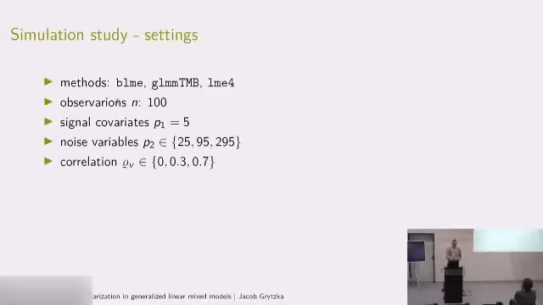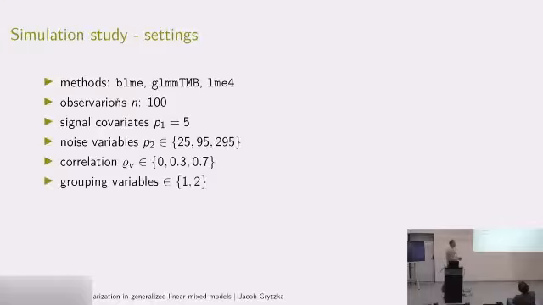Then we have some correlation in the data: 0, 0.3, and 0.7, which means we have a covariance matrix where the diagonal is 1 and all other components have one of these values. So one setting has no dependencies, one setting has all correlations 0.3, and another has all correlations 0.7.